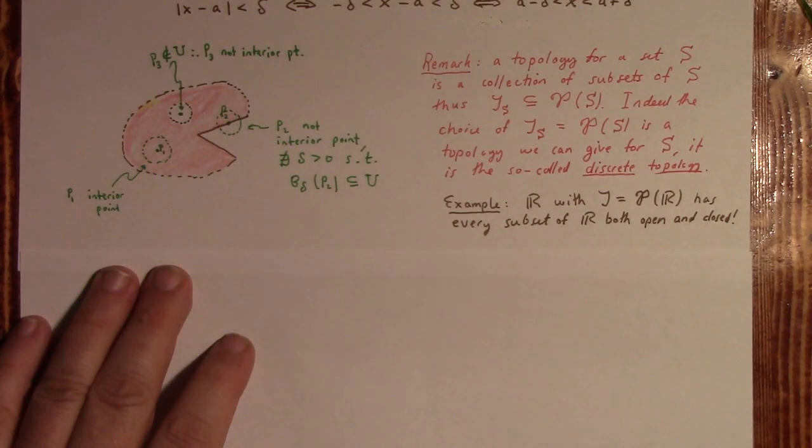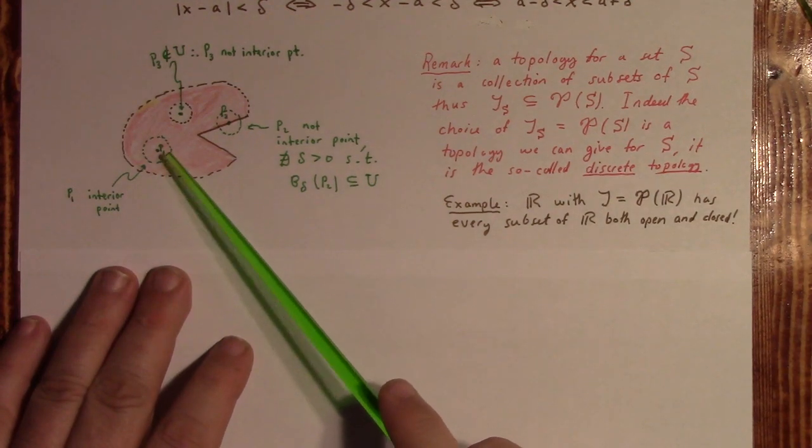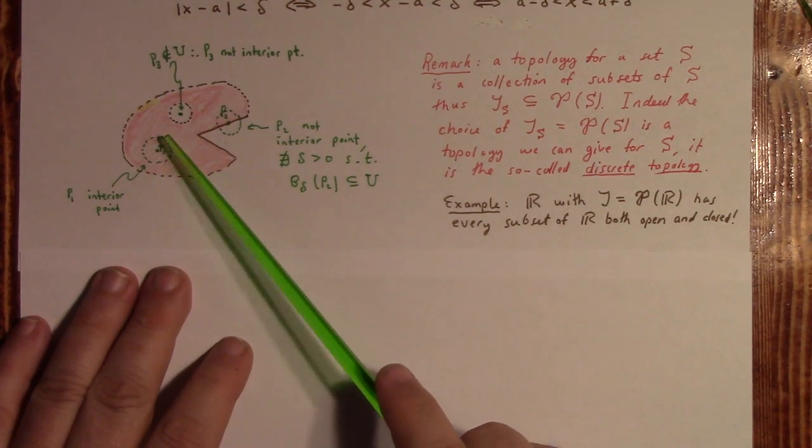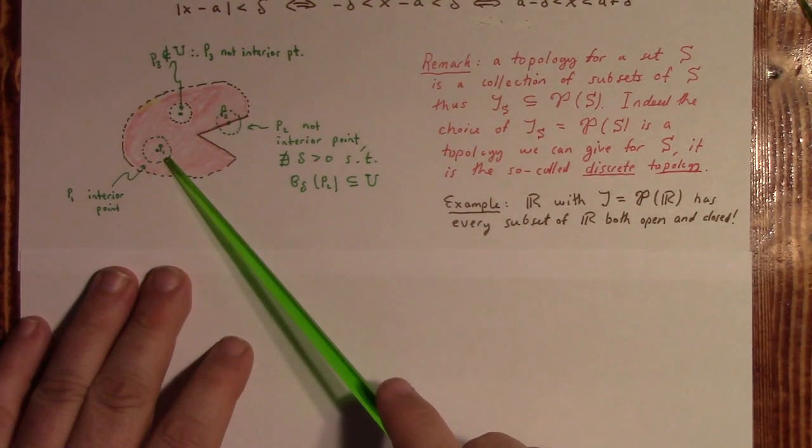Now, P1 is an element of the set. And it's an interior point because I can fit this little delta ball around P1 and stay inside the set.